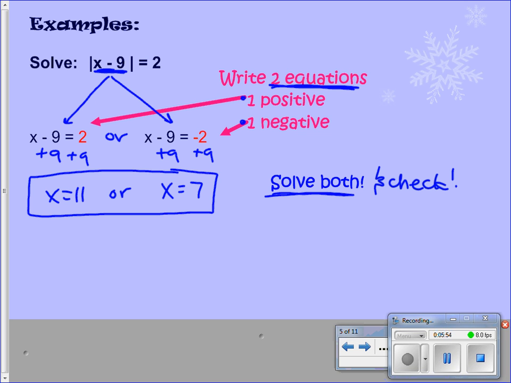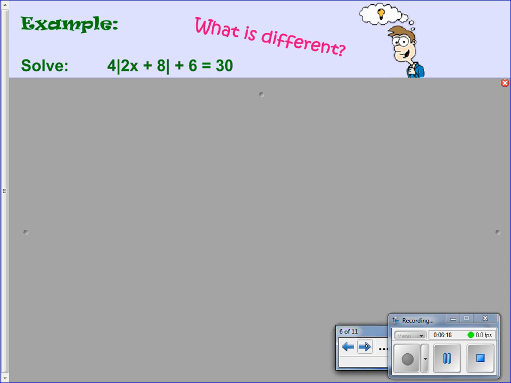The absolute value of 11 minus 9 and the absolute value of 7 minus 9: well, 11 minus 9 would be 2, and the absolute value would be 2. 7 minus 9 would give me negative 2, but the absolute value would be 2. So these both check out. Solve both, check both.